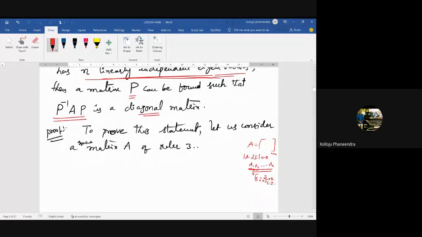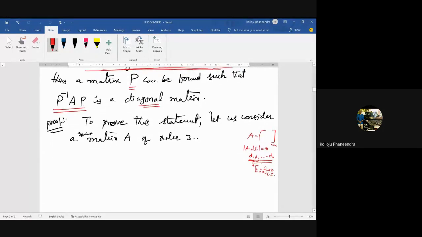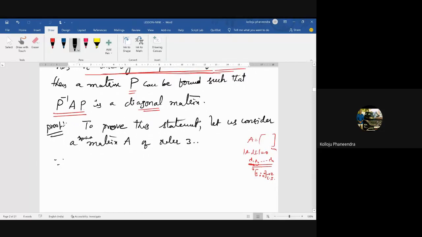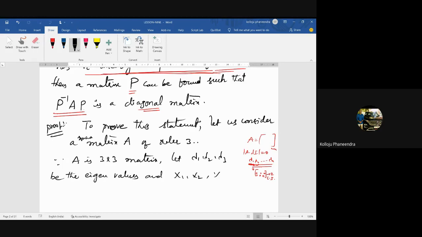I can find a matrix P, and the transformation P inverse AP is nothing but a diagonal matrix. Now, let us see the proof by considering a 3 by 3 matrix. Since A is a 3 by 3 matrix, 3 eigenvalues will be there. Let lambda 1, lambda 2, lambda 3 be the eigenvalues and x1, x2, x3 be the corresponding eigenvectors.